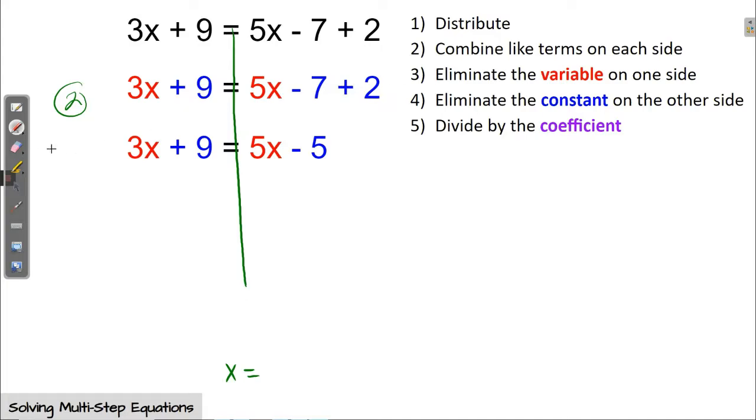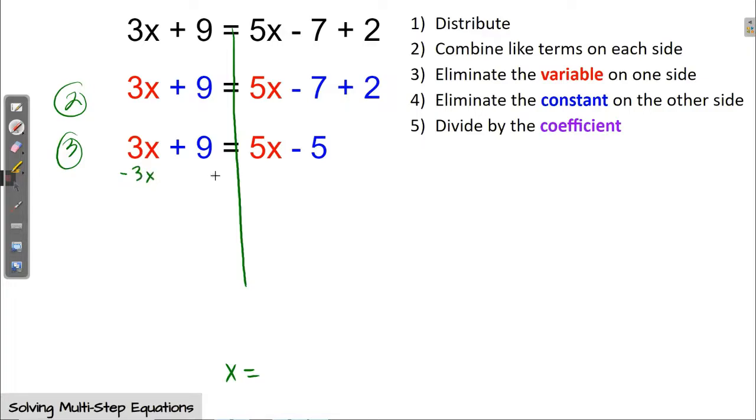Now I'm going to go on to step 3, eliminate the variable on one side. I can eliminate the variable on either side. You get to pick, but I always like eliminating the smaller variable just because it's easier to calculate with smaller numbers. So my smaller variable here is the 3x. 5x is bigger. By eliminating it, I'm going to take the opposite, or the inverse. The opposite of positive 3x is negative 3x, or minus 3x.